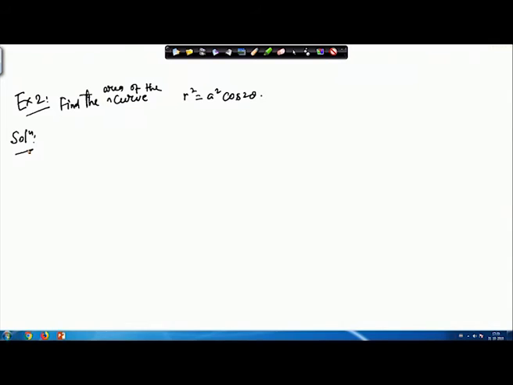The value of theta equals plus or minus pi by 4 will make r equal to 0. So, for theta equals minus pi by 4, r will be 0, and for theta equals plus pi by 4, r will be 0.